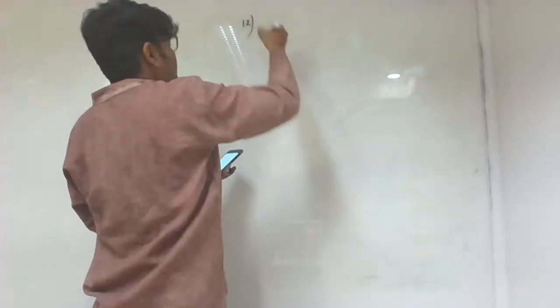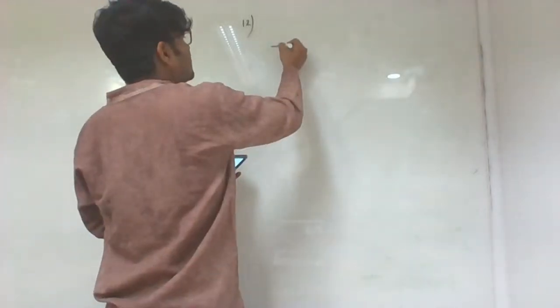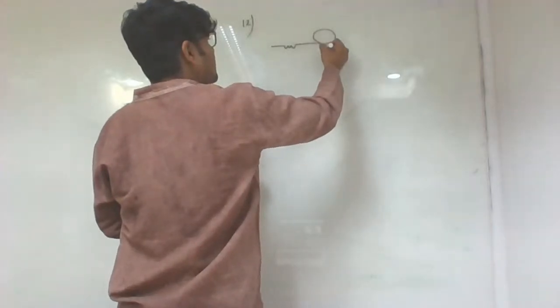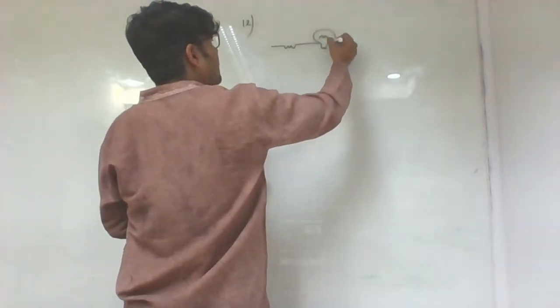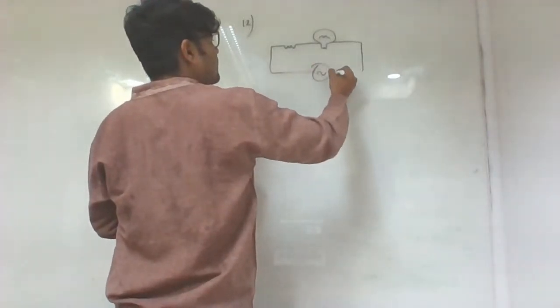Question number 12. Okay, so there is a resistance, there is a bulb, and there is an AC source.